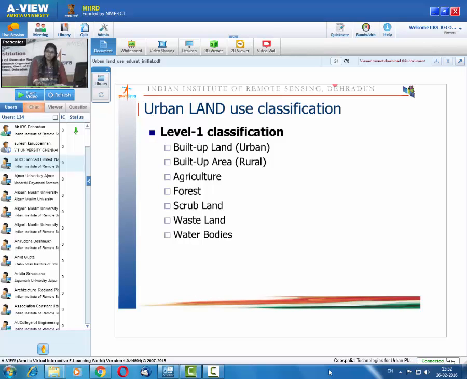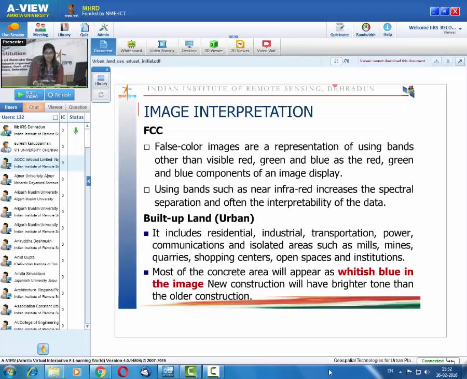Now, when we talk about classification, we need to understand what we understand by urban, what we understand by rural, what is agriculture, what is forest, what is scrubland, wasteland and water body, and how it will appear on the map. For that, image interpretation is essential.